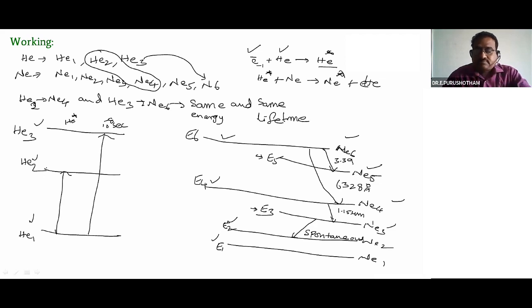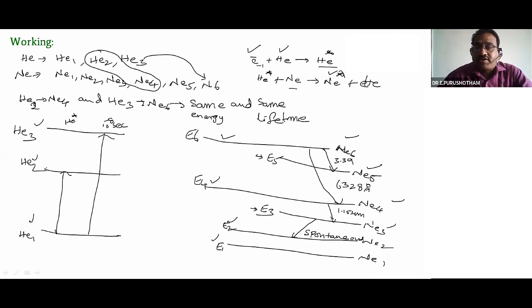Then the excited atom collides with a neon atom, and the neon atom gets excitation and goes to higher energy states. In the levels E4 and E6, population inversion is achieved, and the pumping process starts.